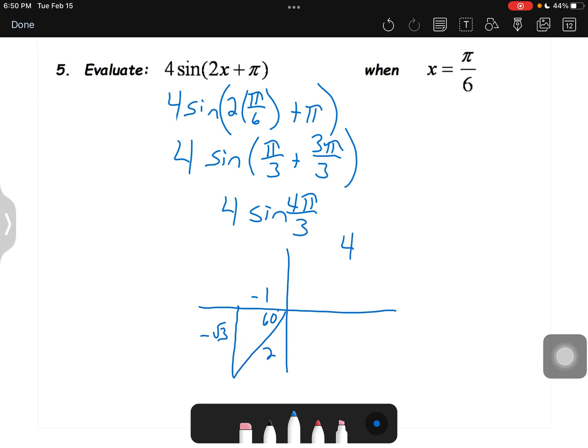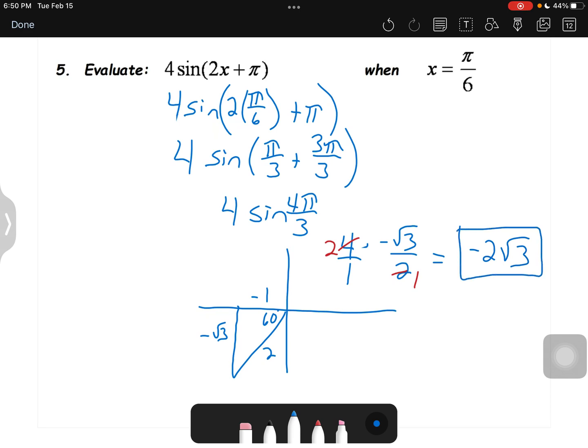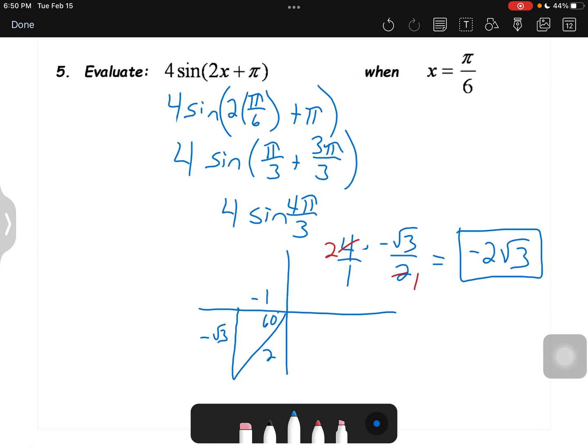So I've got 4 times negative root 3 over 2, which simplifies. This is like 4 over 1, so we can break this down. That's a 2, and then that becomes a 1. So that just becomes negative 2 times root 3. And that's it. That would be my answer for that one. Negative 2 root 3.